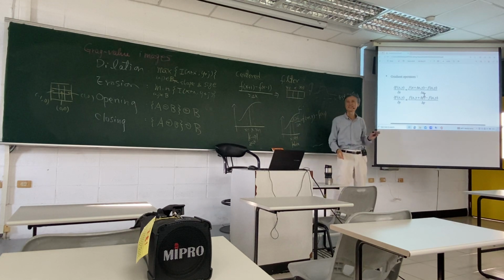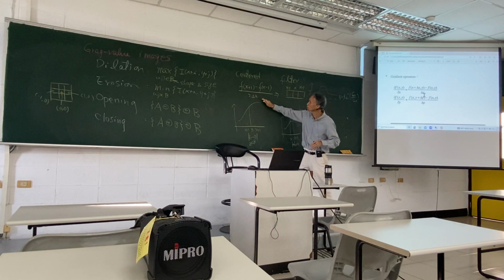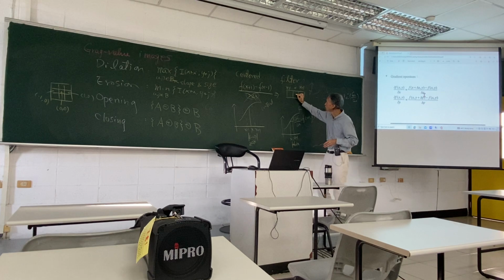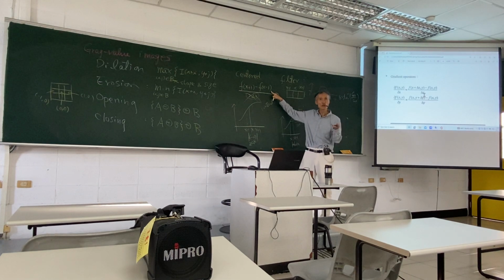So what should be the value here? Take a look. No matter what, this is a constant, so we can drop it. Did you see any f of x here? No, there's no f of x, which means it is 0.